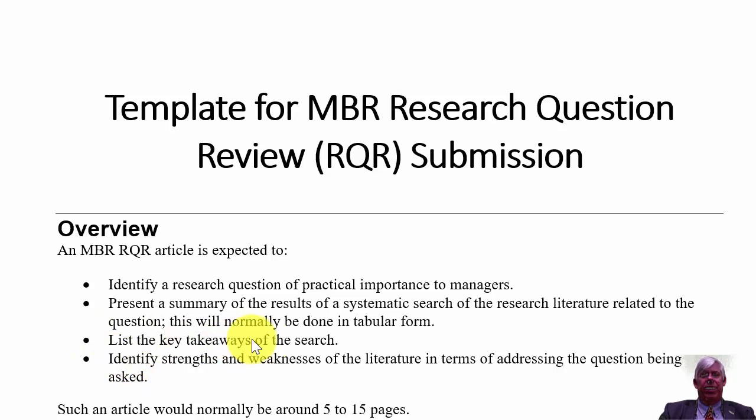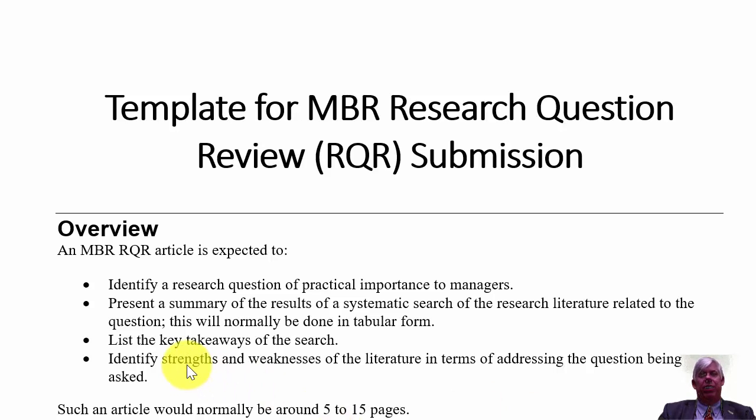It highlights the key takeaways of the research, and among the most important of these might be conclusions that are broadly agreed upon and conclusions where a lot of conflict exists. And you can find both in the typical literature that deals with a specific research question.